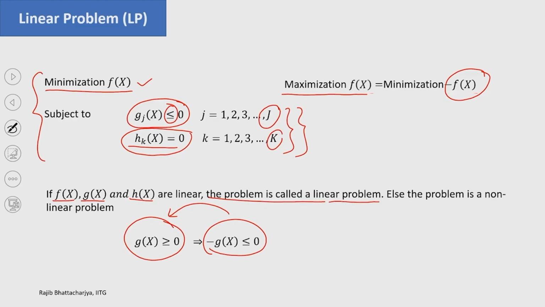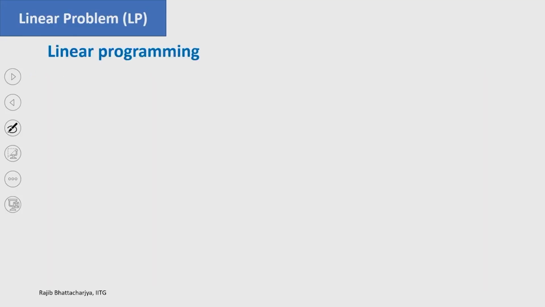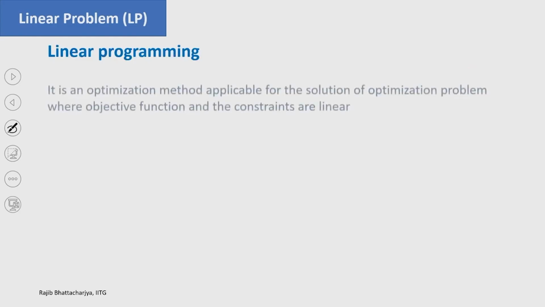If the objective function f(x) and the constraints g(x) and h(x) are linear, then we say the problem is a linear problem, otherwise it is a non-linear problem. We will discuss both linear and non-linear problems, but in this particular class today we will discuss linear problem. Now, what is linear programming?